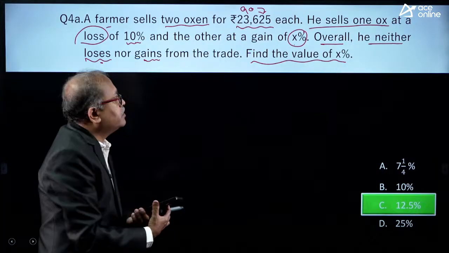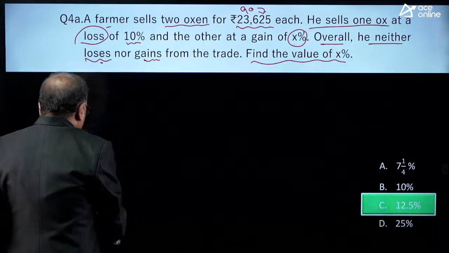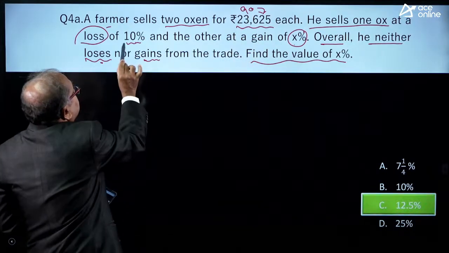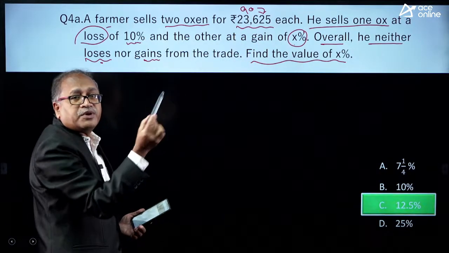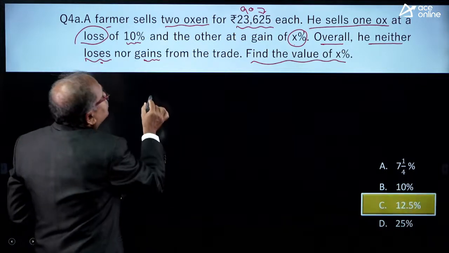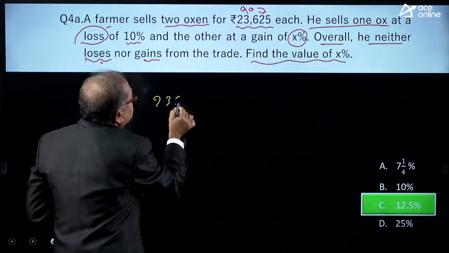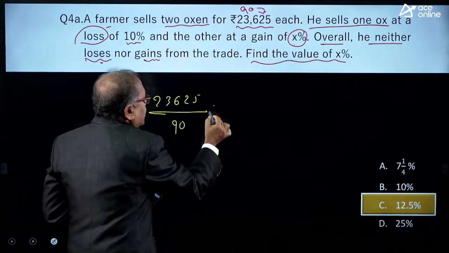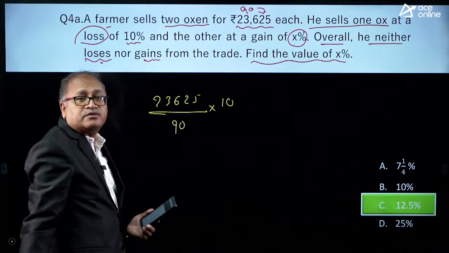That's right. Well done. So here you need to understand that this is 90% of the cost price, because there is a 10% loss. So selling price will be 90% of the cost price. So I can find out the loss. So that is 23625. This is 90%. My requirement is of 10%.